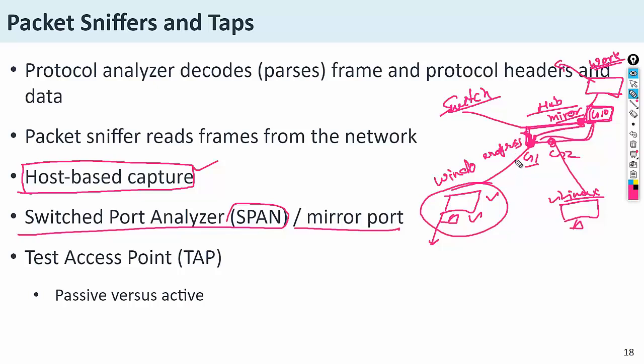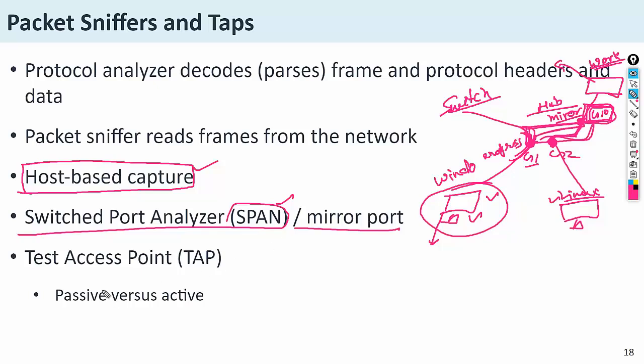Ingress and egress mean communication inside and outside, both incoming and outgoing traffic. If I make a mirror port of this port G2, it will also send one copy to G10. This is called a mirror port or SPAN port.